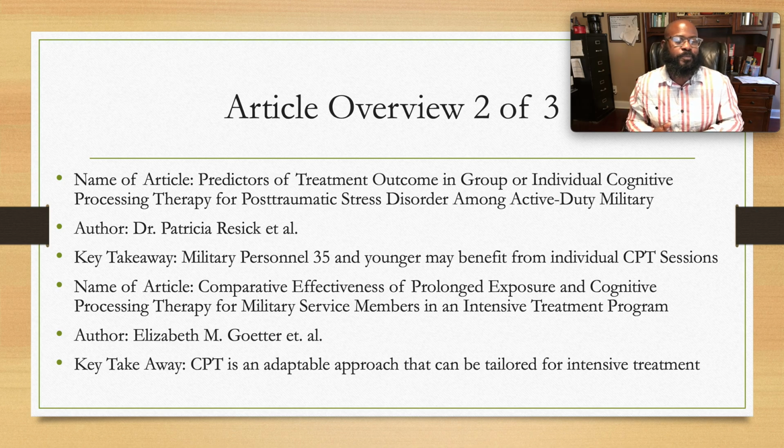But the author was Dr. Resick, who's also, as we just discussed, the doctor who spearheaded cognitive processing therapy. And one of the takeaways from this particular document was that military personnel who were 35 or younger actually benefited more from individual therapy than they did from any other therapies.